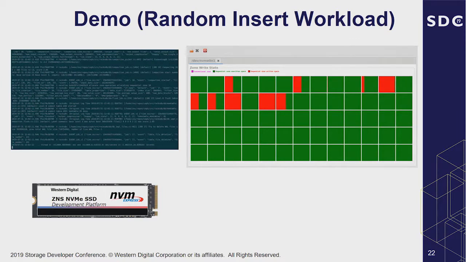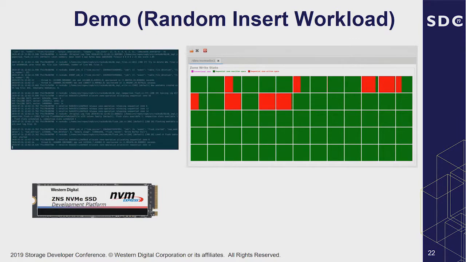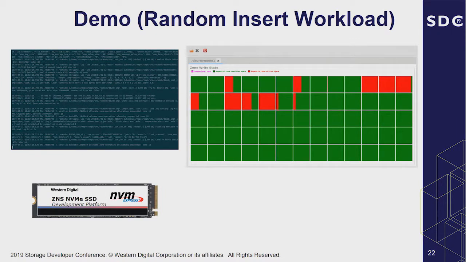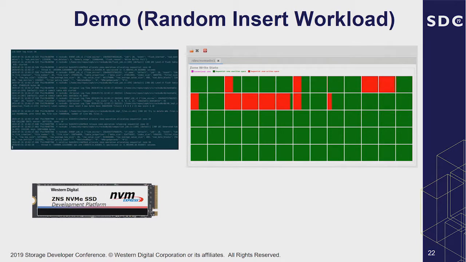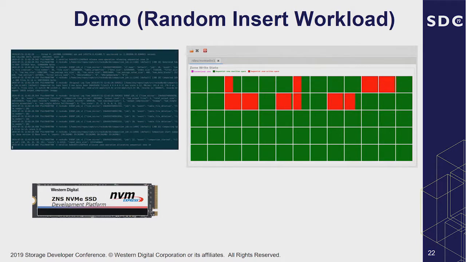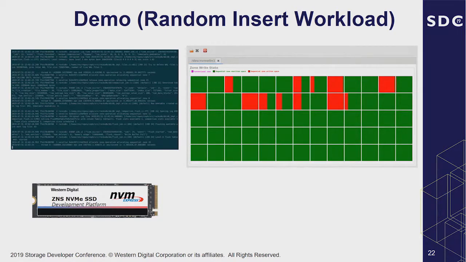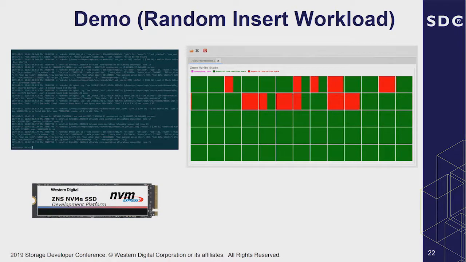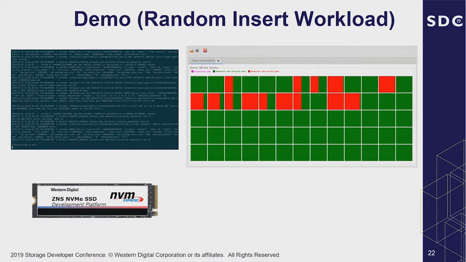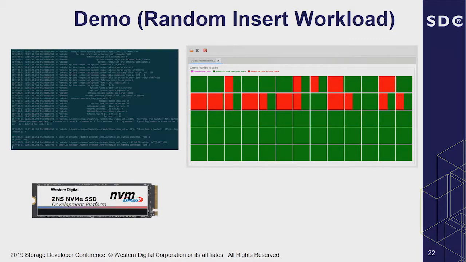So here you can see how zones are being written to. And once they're full and the data has been invalidated, they're being reset. So you can actually see the inner workings of RocksDB managing this disk end-to-end.